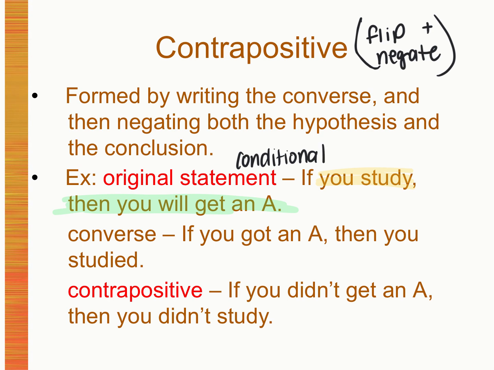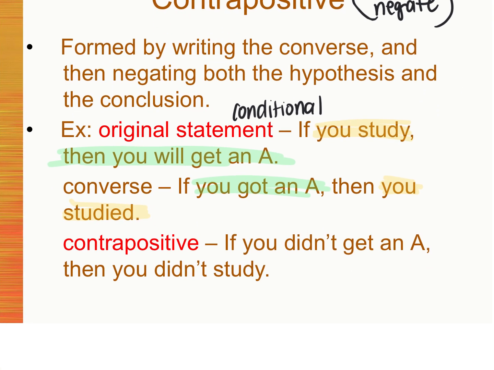I'm going to then go to my converse, so here's me flipping it: if you get an A, then you study. And then don't forget, you're going to negate it. It's still the same order as my converse, but now I'm negating it: if you didn't get an A, then you didn't study. So I'm doing two things, flipping it and negating it.